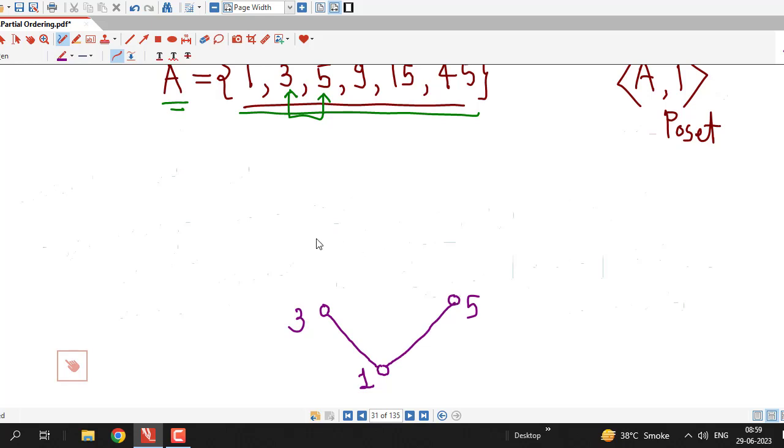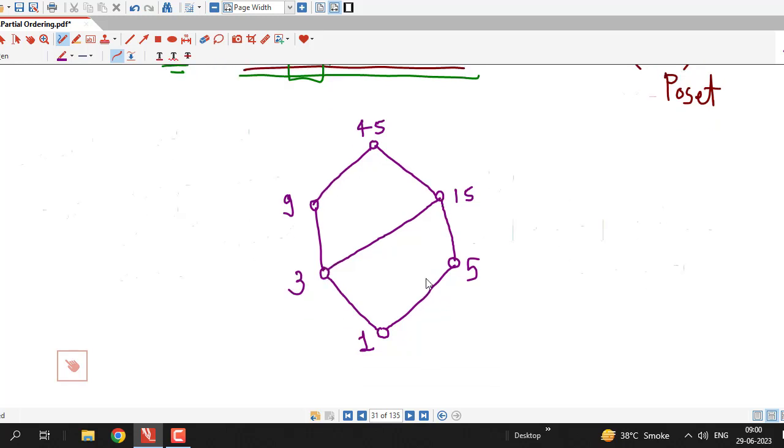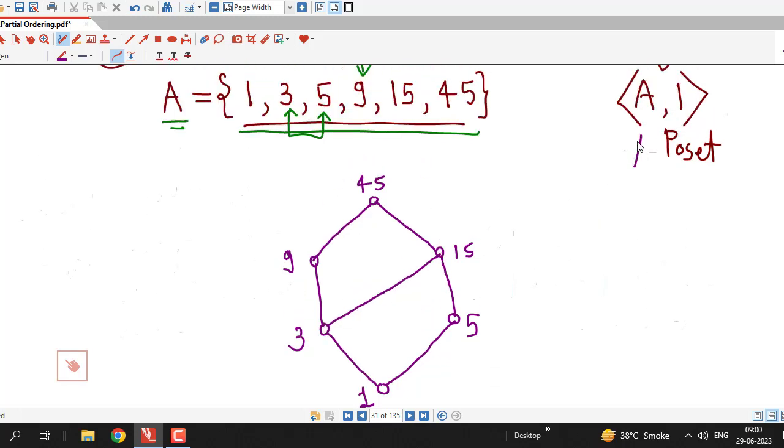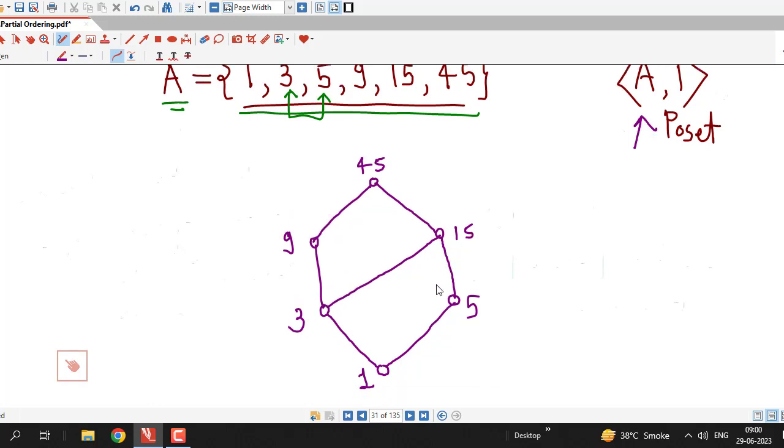Now if I consider 9, then 9 is a cover of 3, so I am joining them by line segment. And suppose I consider 15, then 15 is a cover of 5 also, and 15 is a cover of 3 also, and what is remaining? 45. So 45 is a cover of 9 and 15 also. So this is the required Hasse diagram for this partially ordered set together with divides relation.